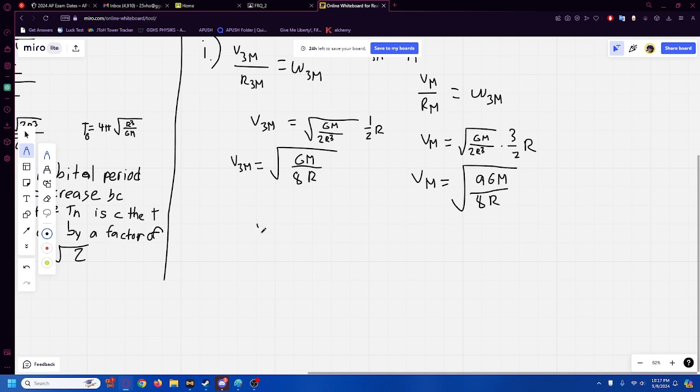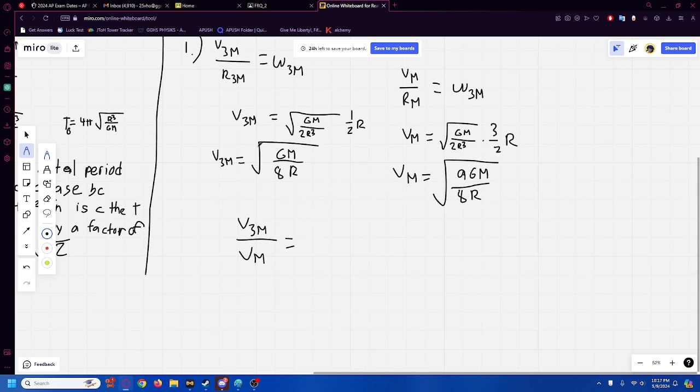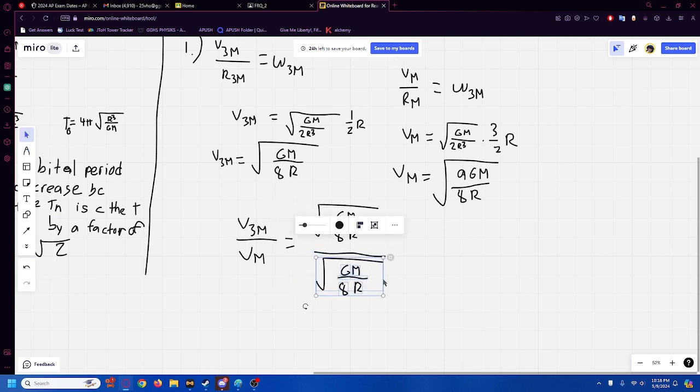And then V_3m over V_m is equal to this over this. The √(GM) and R's cancel out.